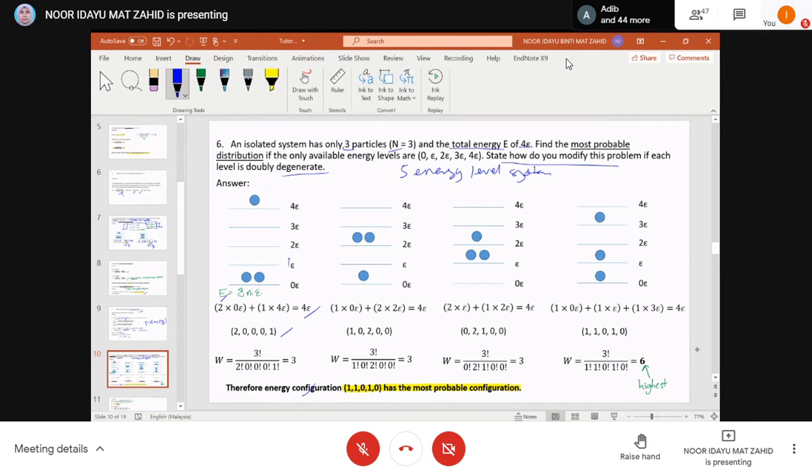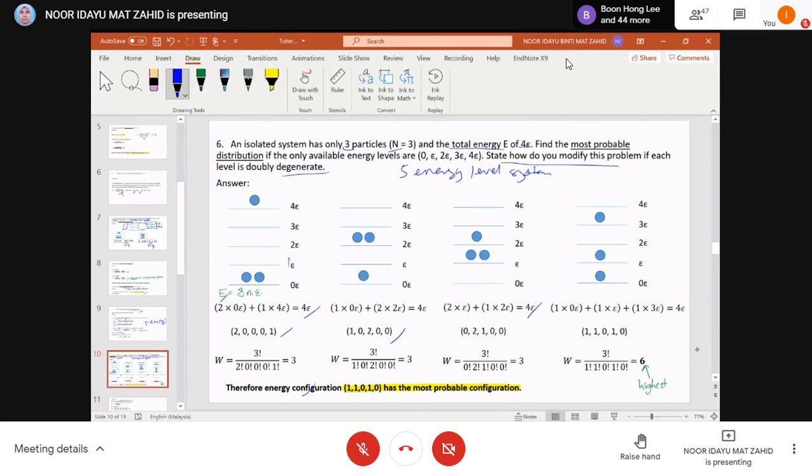Similarly, the next energy configuration that can meet the total energy and total number of particles criteria is when you have 1 particle at 0 epsilon and 2 particles at 2 epsilon. You can try to calculate it, and this is how you write it: 1, 0, 2, 0, 0. Next, put 2 particles in the epsilon energy level and 1 particle at the 2 epsilon energy level, and you will obtain 4 epsilon.